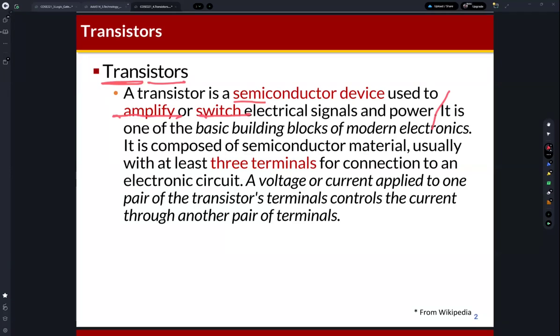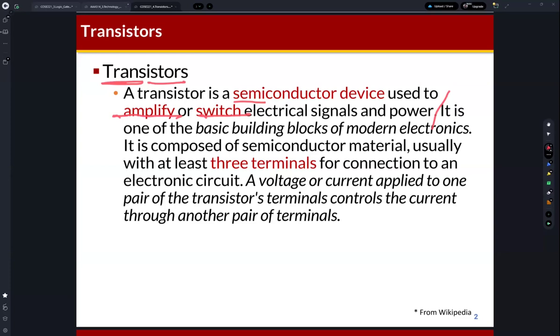In the first class, I showed the die photo of the Intel CPU, and I also mentioned the number of transistors. The number of transistors in the CPU is around 5 billion. So there are many transistors in the CPU chip.